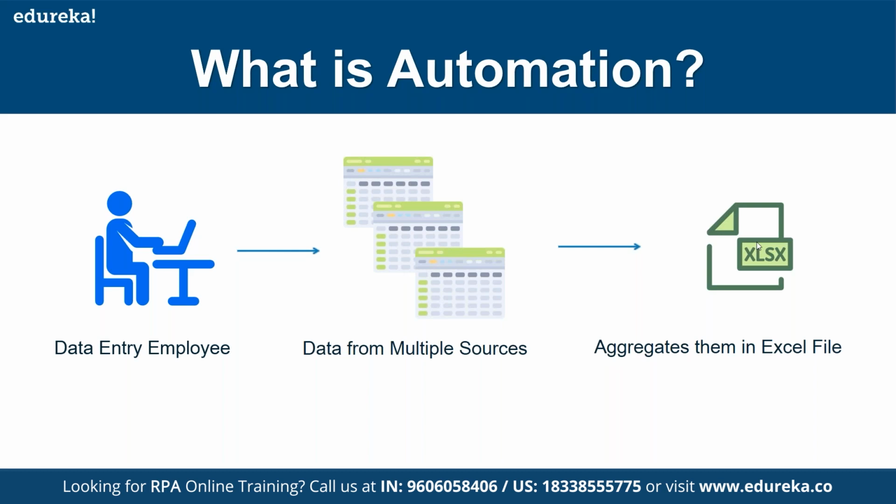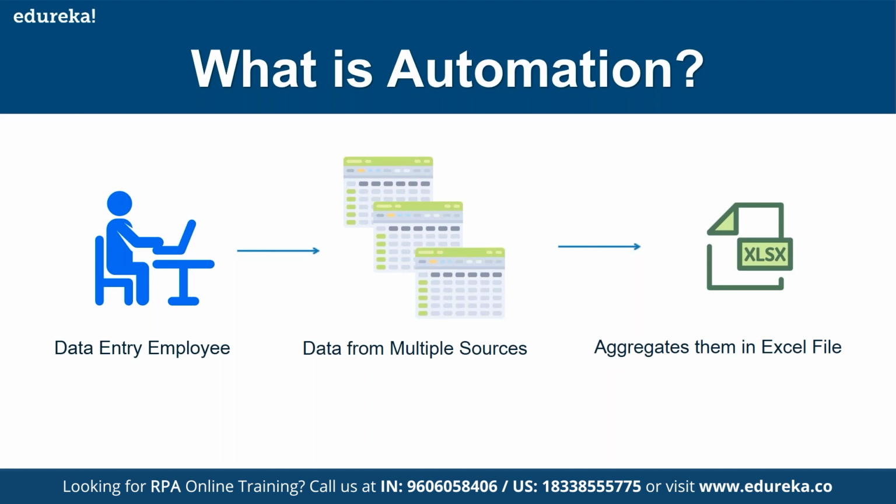What is automation? Just an example that we see a lot in our IT industry: a data entry employee. You have an employee sitting there who does the data entry work. From multiple sources, like a web application, Excel applications, databases, or Windows-based applications, he has to pull the data, combine it, do some calculations, and finally load it into an Excel file.